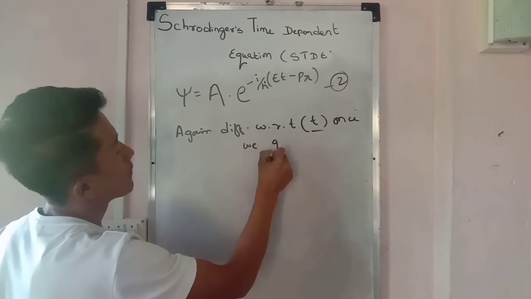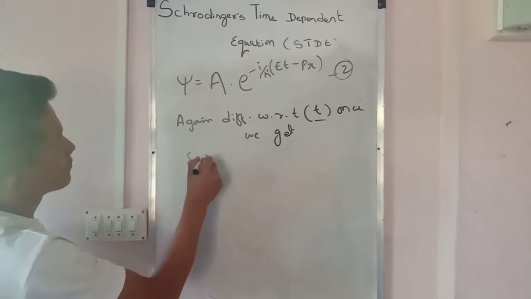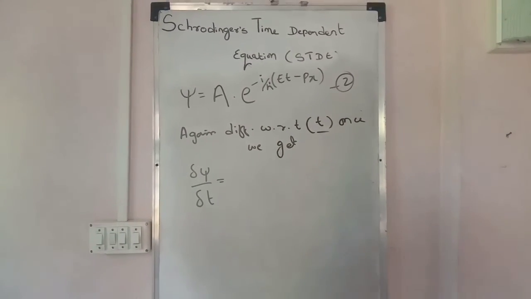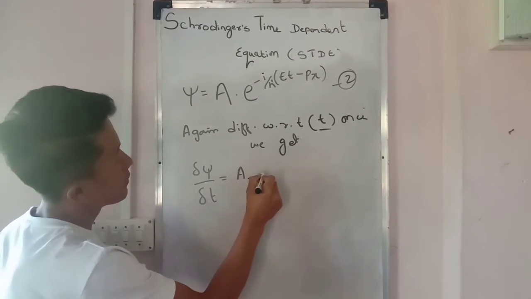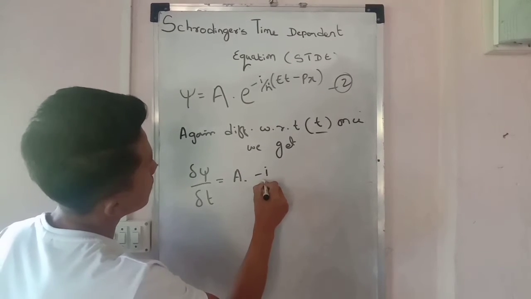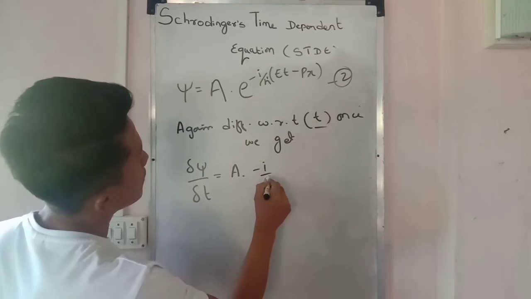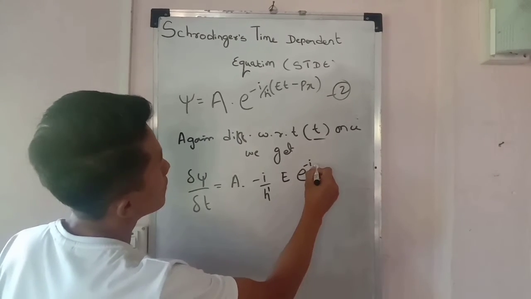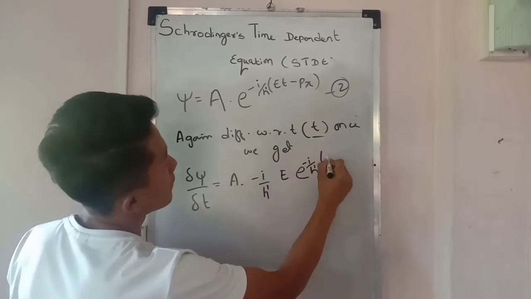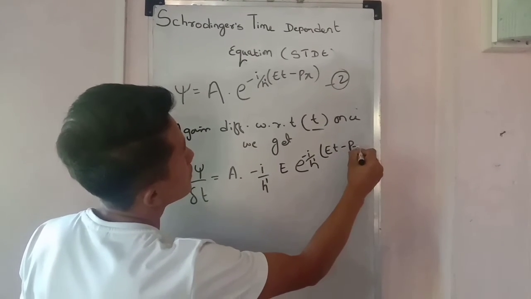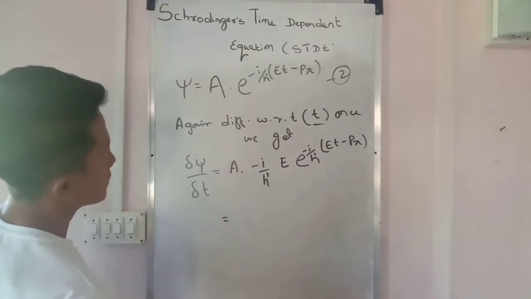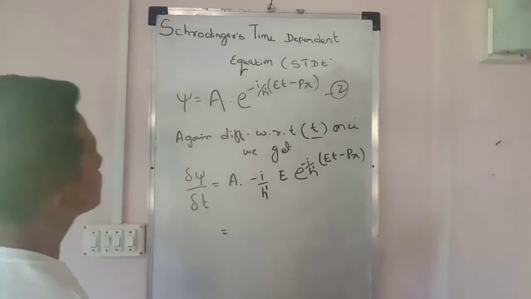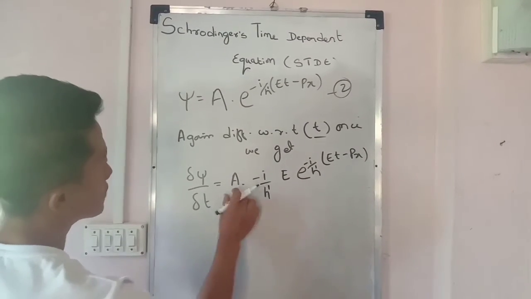We get del psi by del t equals A times minus i E by h dash times e to the power minus i by h dash (E t minus px). Likewise, in place of A and the exponential term we put psi.